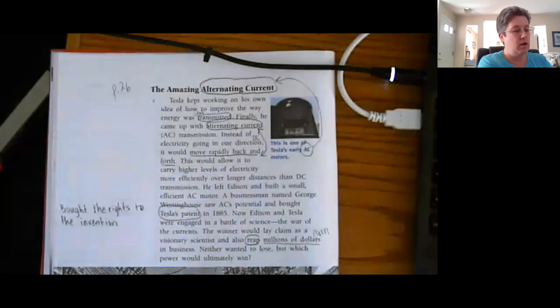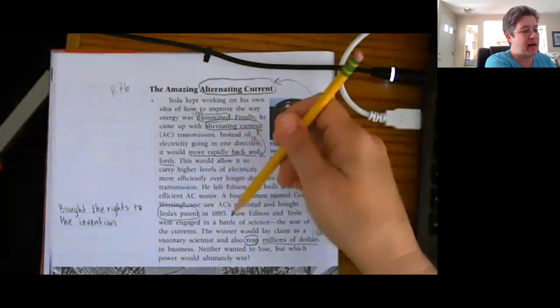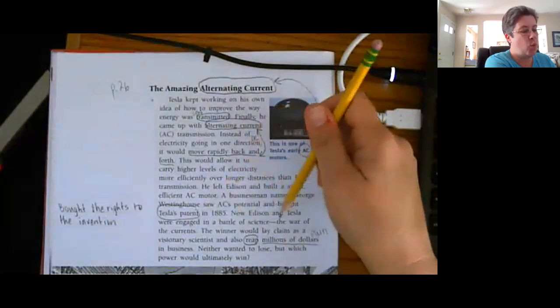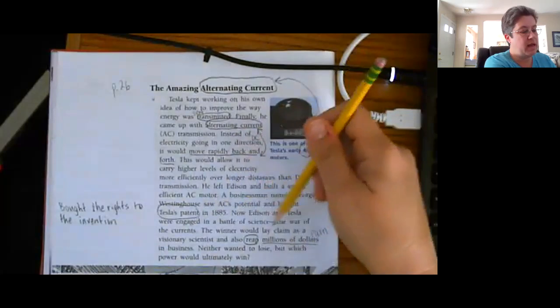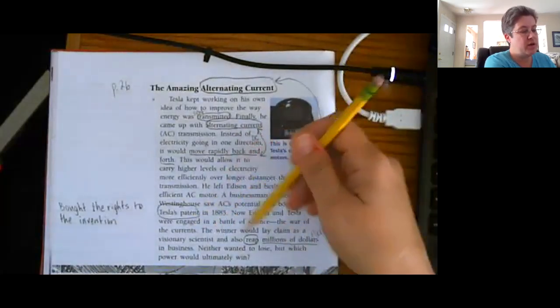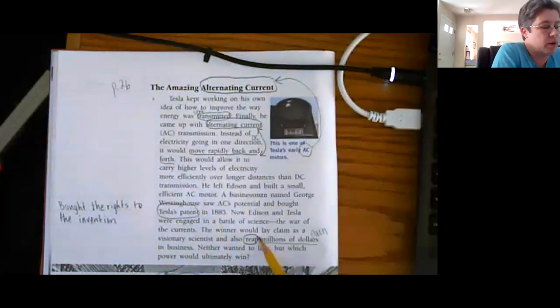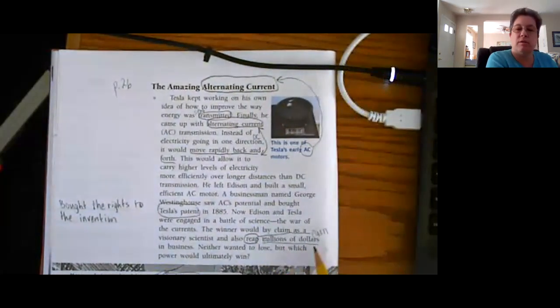Now, Edison and Tesla were engaged in a battle of science, the war of the currents. The winner would lay claim as a visionary scientist and also reap, or earn, millions of dollars. That's our context clue that lets us know that reap means they're going to earn a lot of money.